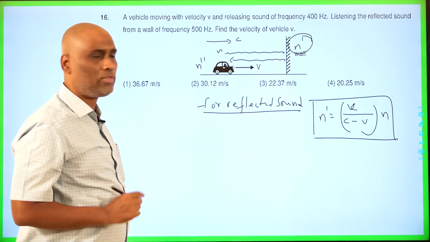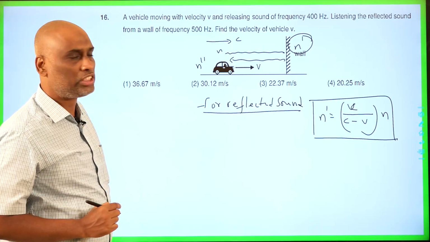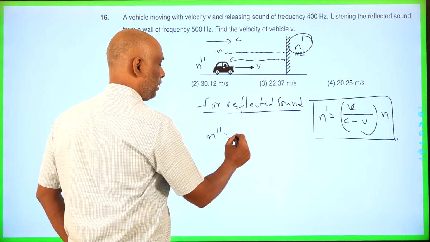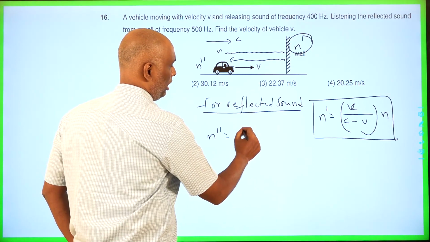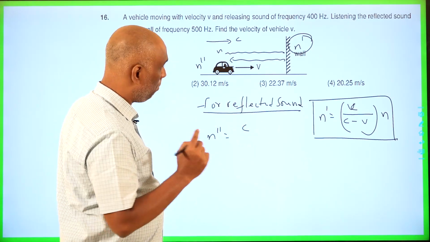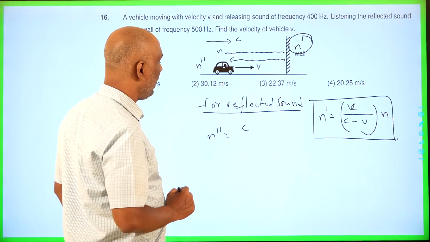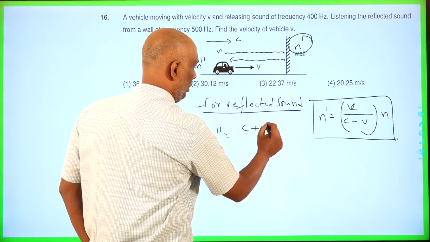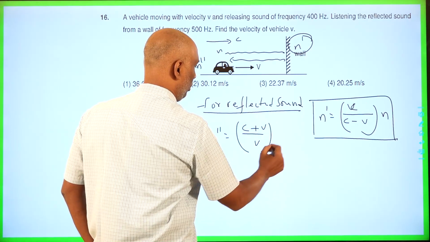It is like an observer moving towards a stationary source. So I can say n double dash will become equal to c plus v divided by c into n dash, because the observer is moving towards a stationary source, with the velocity of sound equal to c.